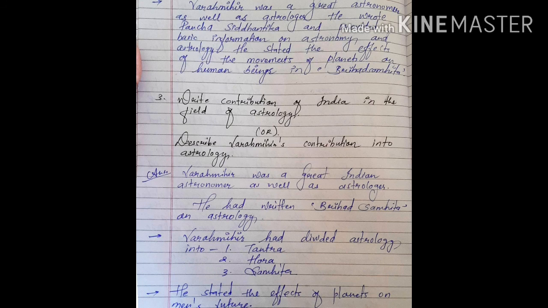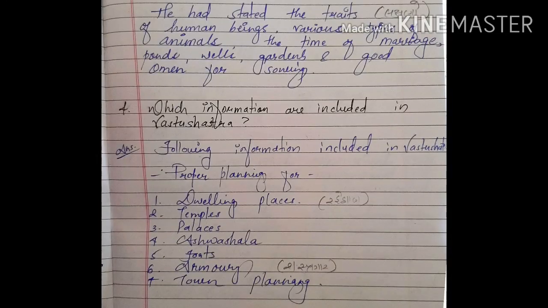He studied the effects of planets on man's future. He had stated the traits of human beings, various types of animals, the time of marriage, ponds, wells, gardens and good omens for sowing. And the fourth question is: what information is included in Vastu Shastra?